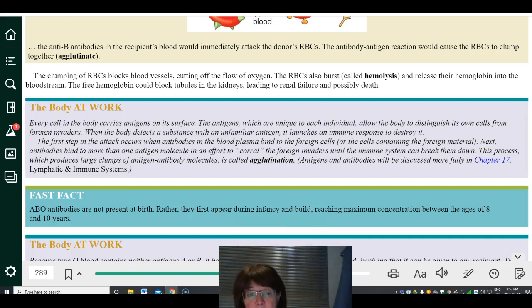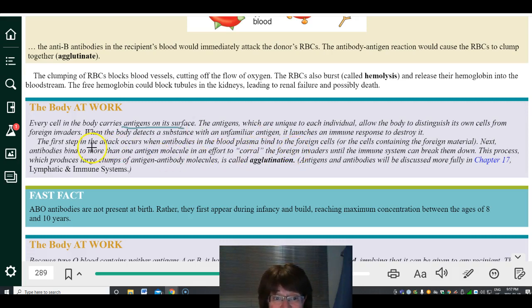Now, blood groups, first off, a little terminology. You need to know the term antigen. An antigen is on the surface. This is a marker, and each individual has its own antigen. It's the antigen that allows the body to distinguish its own body from foreign invaders.